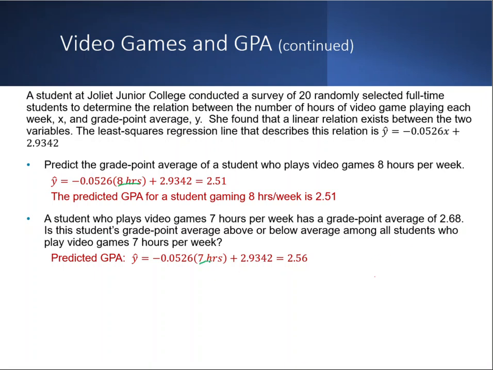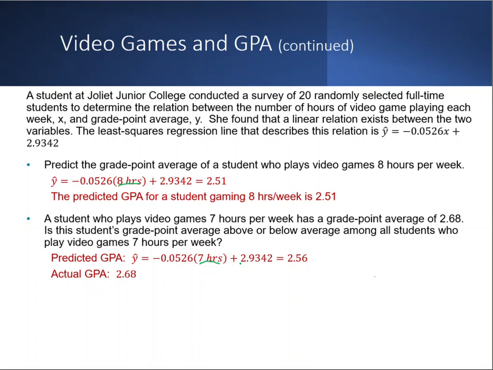Same formula, this time I'm going to use 7 hours, and I come up with a predicted GPA of 2.56. Remember that according to the problem, we already have a student who plays 7 hours and has an actual GPA of 2.68.